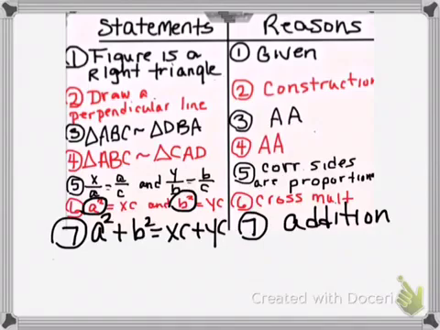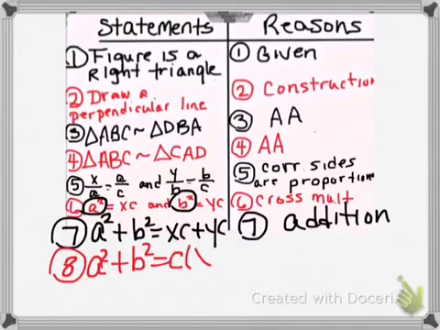And then finally, I can make this a little simpler by using the distributive property to take the C out. So I would say A squared plus B squared equals C times X plus Y. And my reason would be the distributive property.